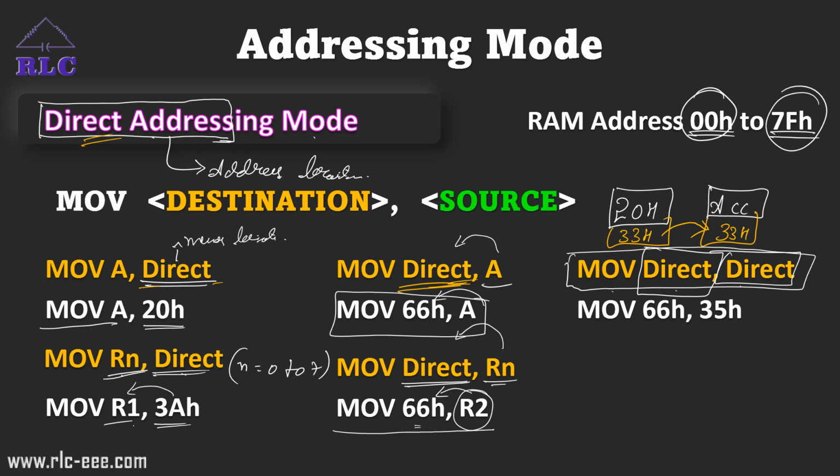Then the last one, MOV 66H, 35H, means whatever data is present in the memory location 35H will be copied to the memory location 66H. Transfer between two memory locations is also possible.